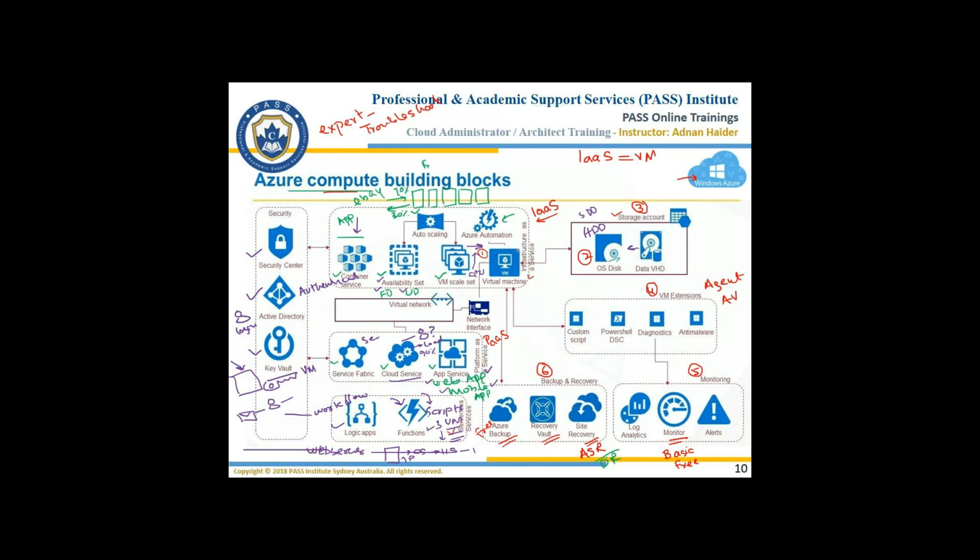Then in Azure, we discussed subscriptions, regions, and the architecture of the infrastructure. Today was a very important lecture about the building blocks for compute resources. We will learn more on this as we go on.